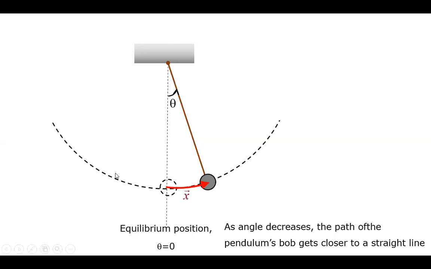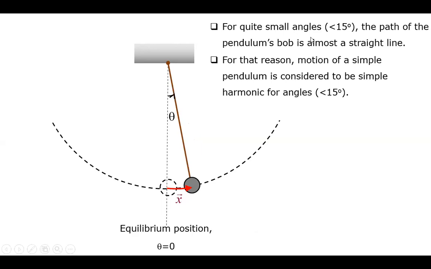For that reason, they say that if this angle is less than 15 degrees, the vibration of this simple pendulum is going to be simple harmonic motion. So for quite small angles, less than 15 degrees, the path of the pendulum bob is almost a straight line. So the motion of the simple pendulum is considered to be simple harmonic motion.